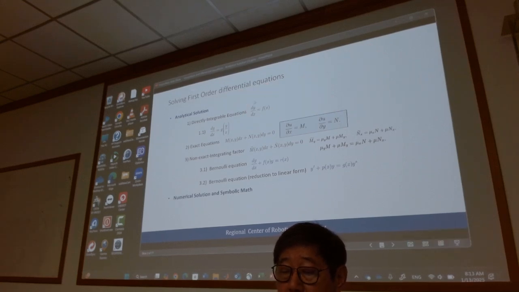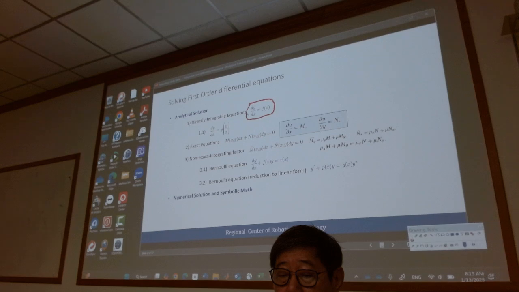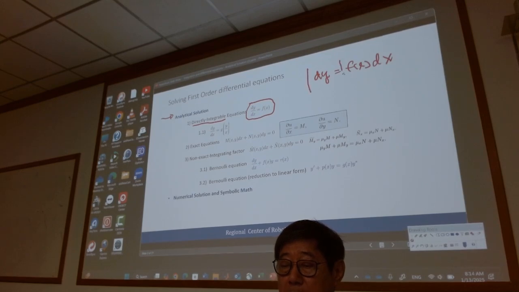First of all, if you have this first order differential equation and you want to obtain an analytical solution, you try to use direct integration to solve the problem. Let's say you have dy equals f of x dx, and you just integrate.